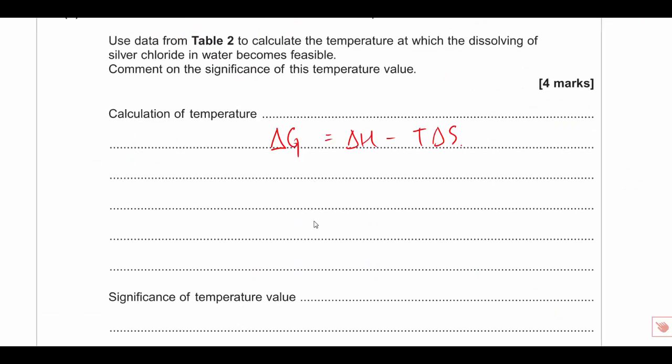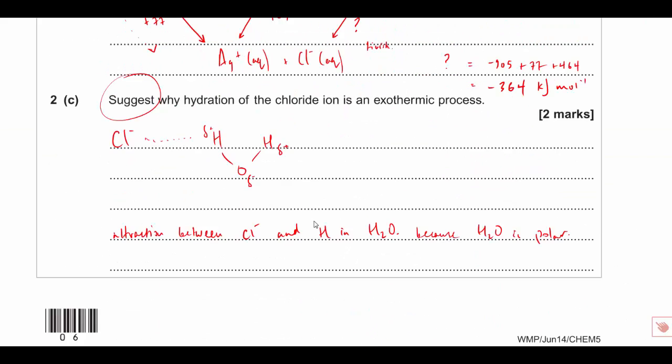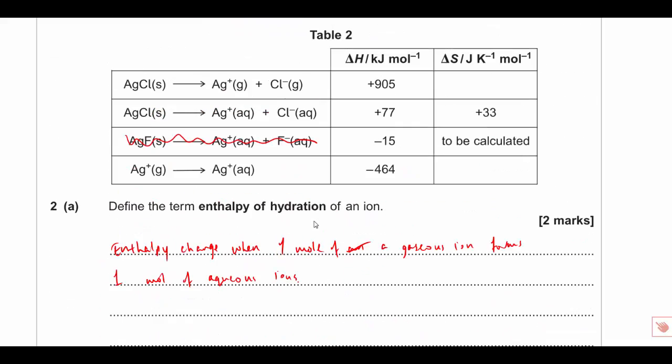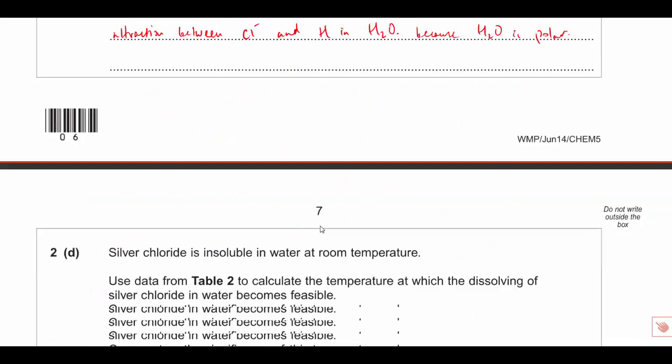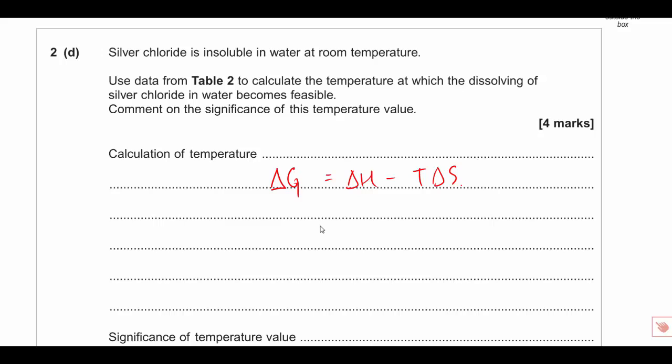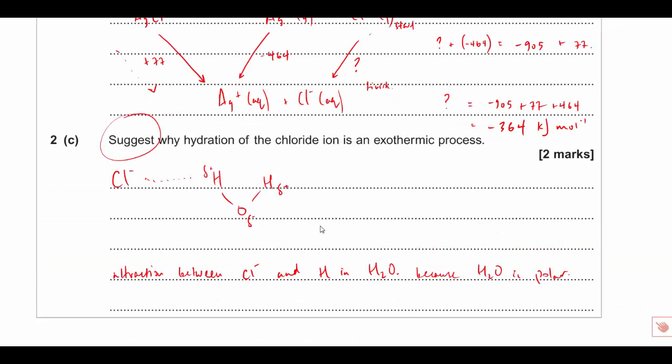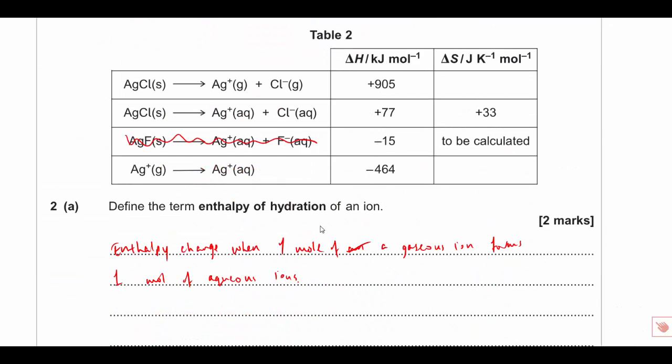Temperature at which the dissolving silver chloride in water becomes feasible. So it's this top one we're looking at. So it's plus 77 is my enthalpy change, and my entropy change, plus 33.